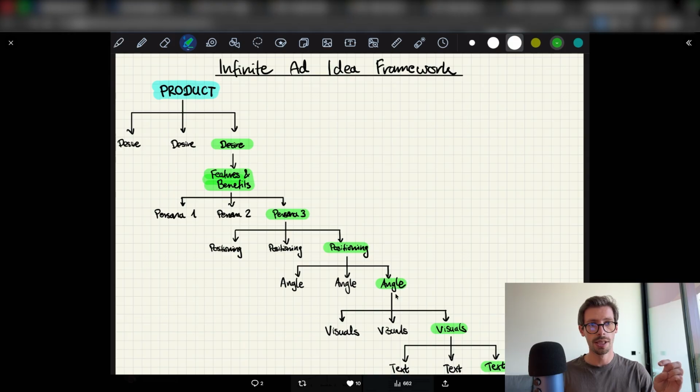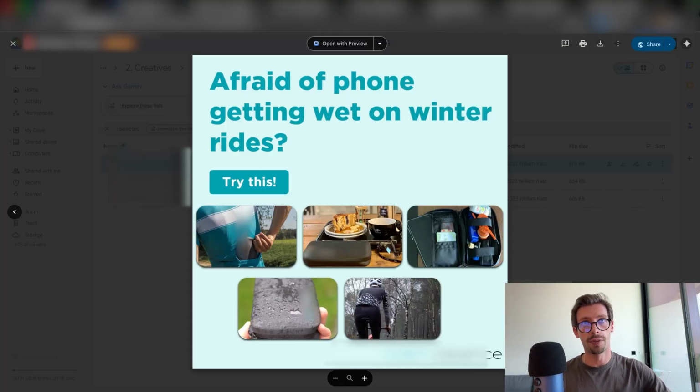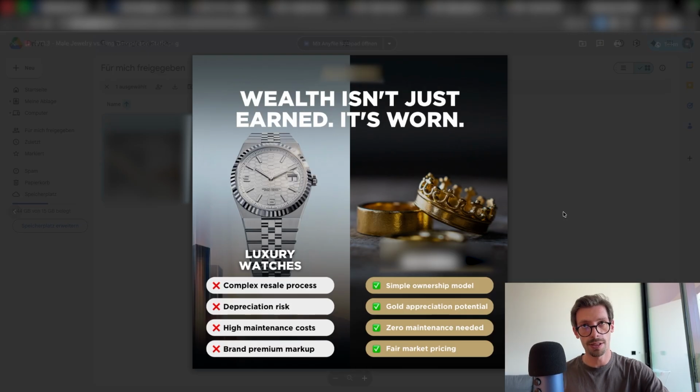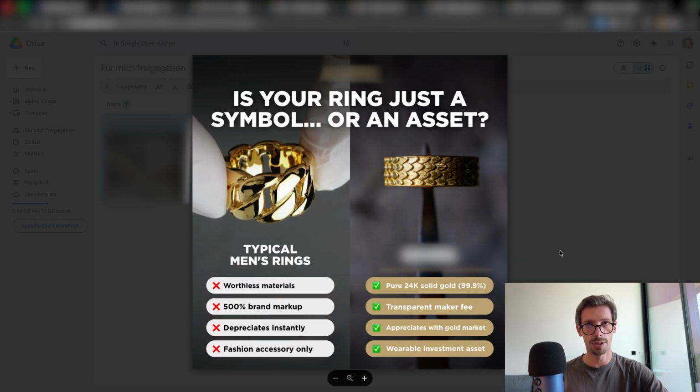When it comes to the angle, again, you can split test many different things. The main thing is you keep one variable constant and then one other variable you use for a meaningful split test that actually tells you something. For example, if this ad performs the best, we know that we should target more people that actually buy luxury watches, because maybe we saw that this didn't perform really well, but this performed well.